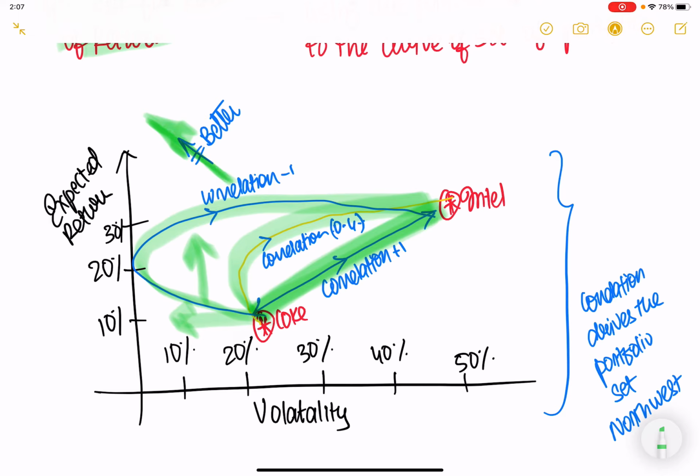And so correlation is actually bad. If you have stocks in your portfolio that are all correlated, then you're not reducing the volatility, you're increasing the volatility and reducing your return for the volatility that you take on. So the key learning of why we need to understand correlation for portfolio building is so that we can find stocks that are not correlated, so that we can start going northwest. So that's the key insight.